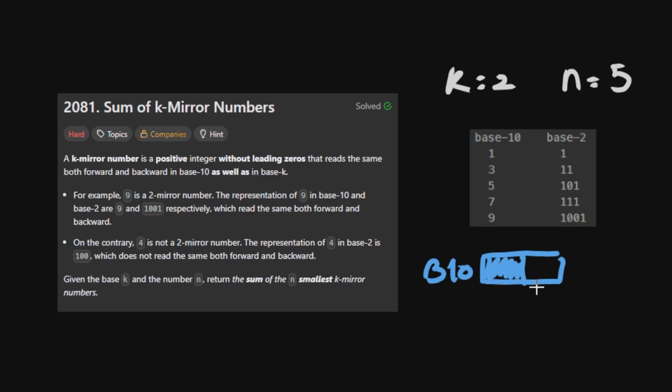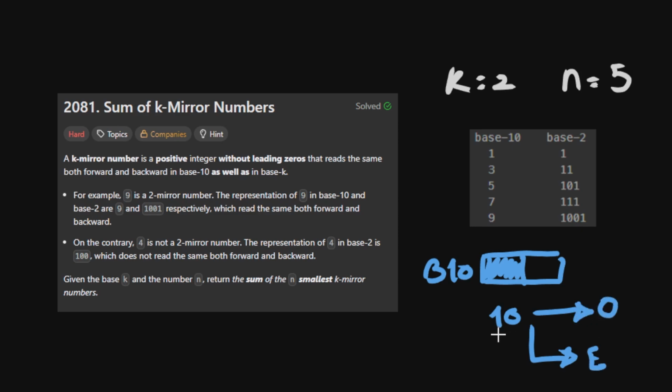So let's say we're iterating numbers, every number from 1 up to infinity, just for this first part. And let's say right now we are at number 10. From this number we will build 2 palindromes. One palindrome that has an even length and one palindrome that has an odd length.